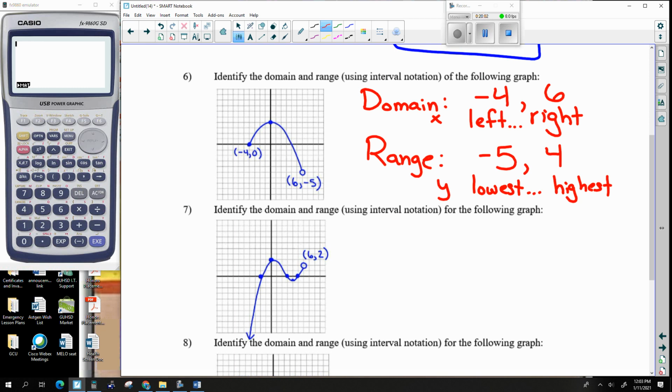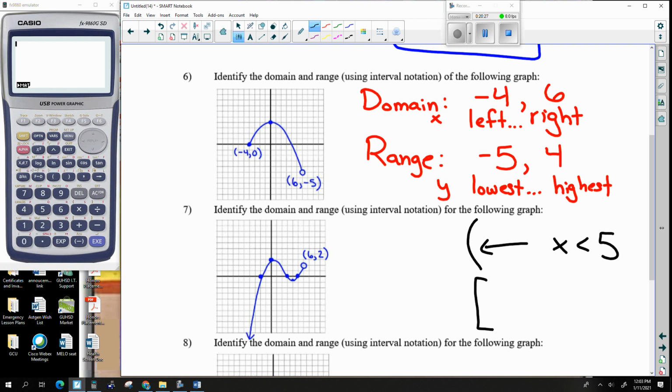So that is what the domain and range is. Now, all that's left is to put some sort of brackets around these things. There are two different types of brackets: a round bracket and a square bracket. If you use the round bracket, that is kind of like saying x is less than 5.